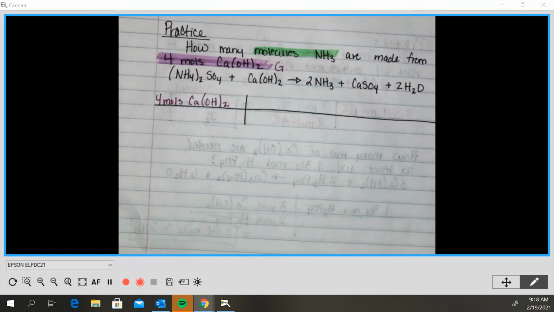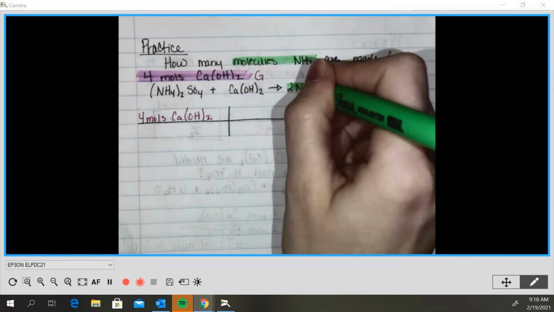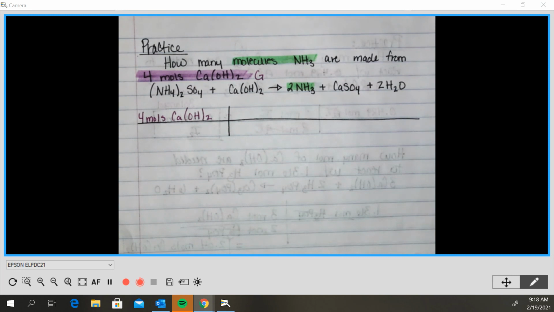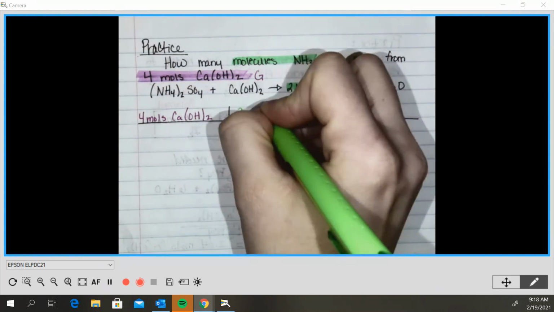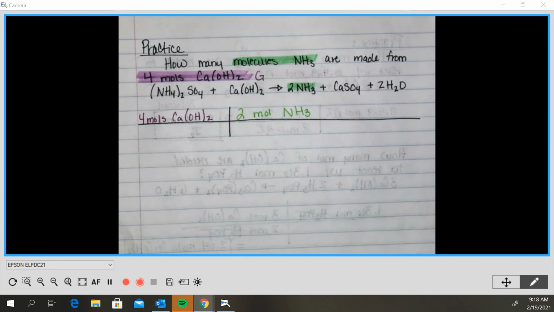So I want NH3. So I need to find the coefficient for NH3. For another Deke dollar, what is my coefficient for NH3? Lawson. 2. 2. So NH3 is right here. Coefficient is 2. So we've got 2 mole of NH3. What goes underneath that?